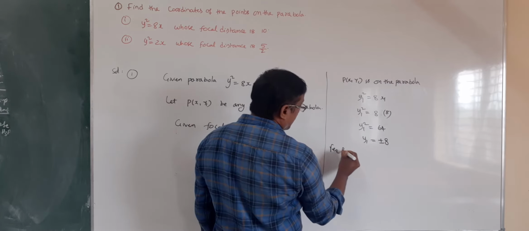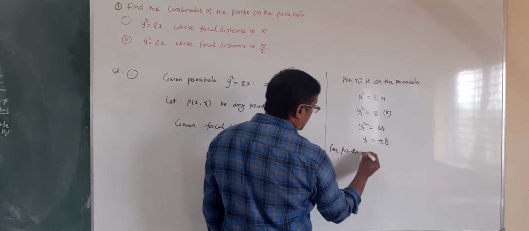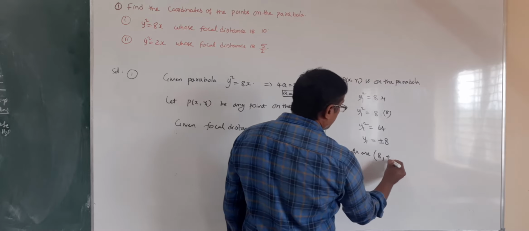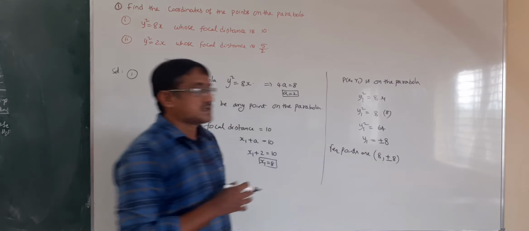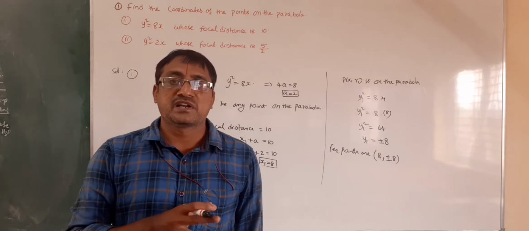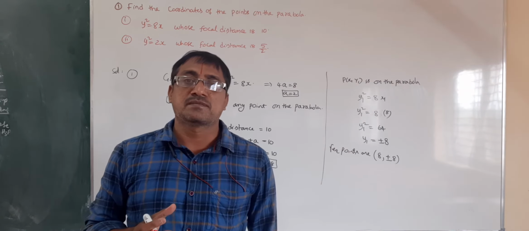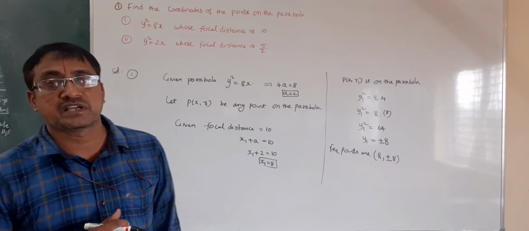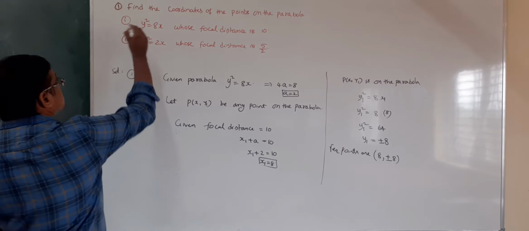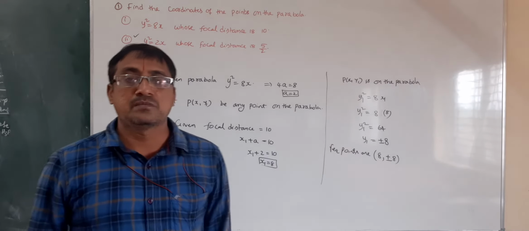Therefore the required points are (8, plus or minus 8). Since the parabola is symmetric, you will get 2 points. One is (8, 8) and the other one is (8, minus 8). And you can do this problem as homework. Important model.